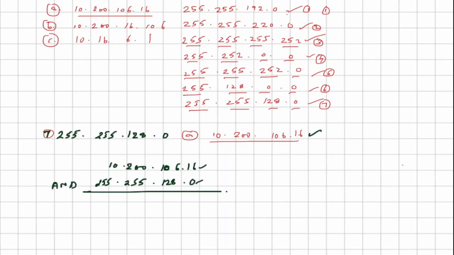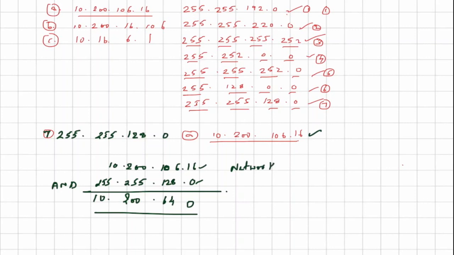So 16 and 0 is 0, 106 and 128 is 64, 255 and 200 is 200, 10 and 255 is 10. So the network ID is 10.200.64.0.